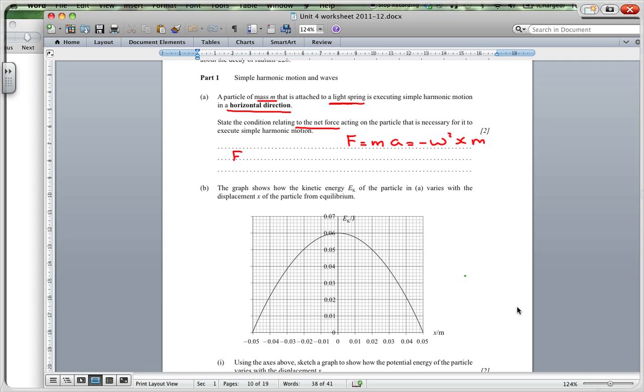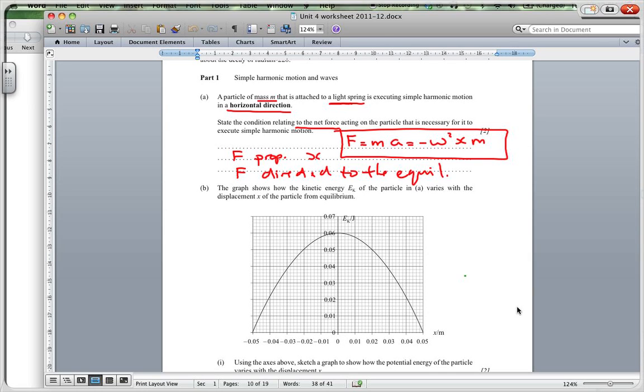So the force is proportional to the x, and the force is always directed to the equilibrium, because it's always in the opposite direction to the motion, to the displacement at any specific time. Okay, so it's always important to go back to your defining equation, work from there.